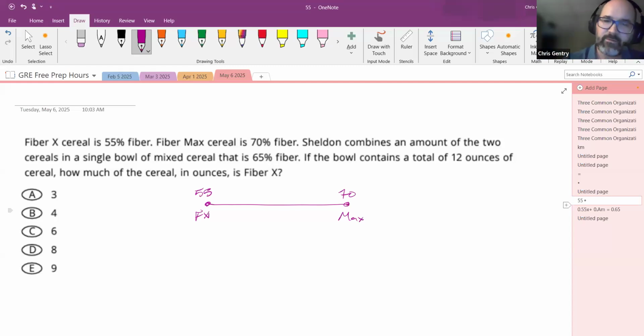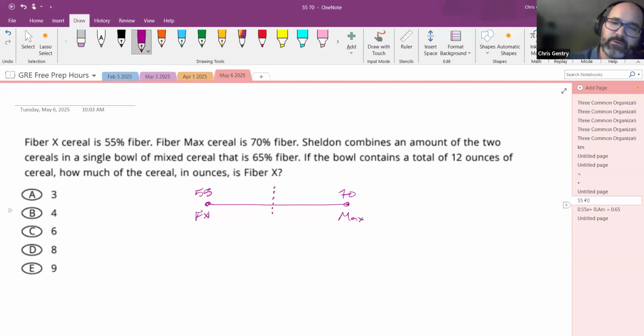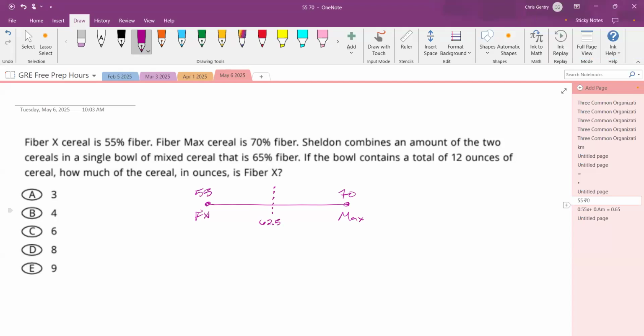Cristal, get on the microphone again, please. Now you said when you added 70 plus 55 and divided by 2, you got 62.5. Am I correct in that? Yes. What you just described is what the result would be if we used completely equal amounts of each.